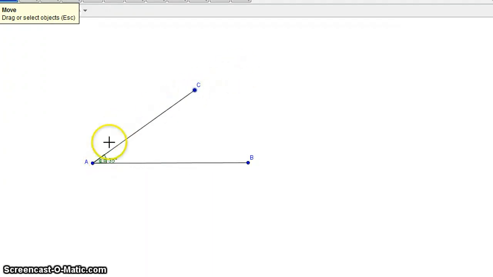Let's see. Let's make AC longer. So the length of the arm doesn't affect the size of the angle. It's only the degree of rotation around the vertex when we move it towards AB.